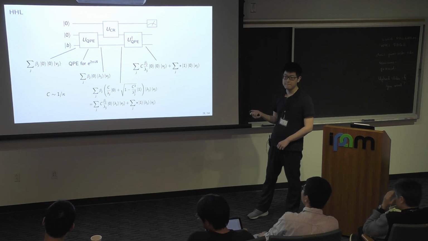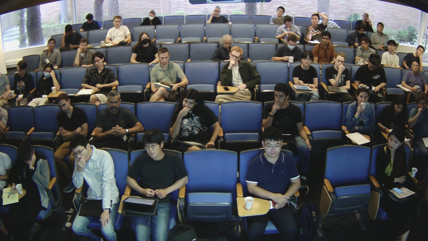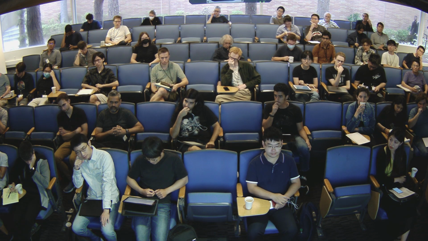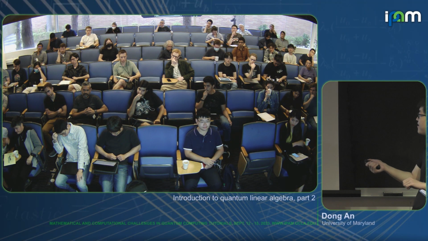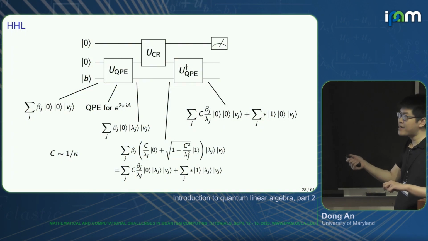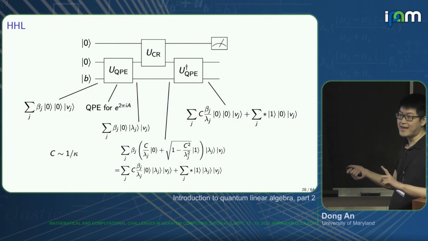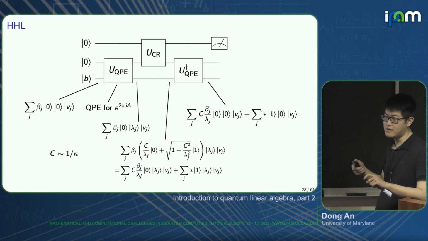Then, is there any way to get its normalization constant so that we can recover the exact solution? Yeah, it is possible. It can be obtained by the amplitude estimation, right? Because here we have some measurement, and this measurement has some probability, and then you can just try to estimate the probability.